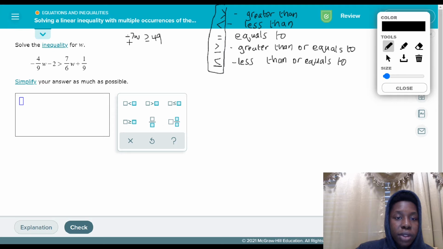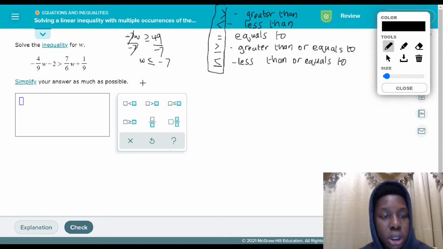We have to divide both sides by minus 7 to get w. When we divide both sides by minus 7, the minus 7 cancels out, but the sign has to change. So this turns into less than or equals to. The sign flips instead of staying the same. And this turns into minus 7, because 49 divided by minus 7 equals minus 7. So whenever you're dividing by a negative number, the sign always flips. That's the only difference between this and a normal equation.